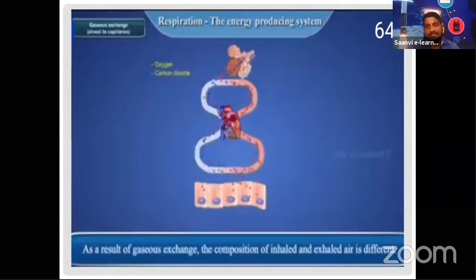Let us go for that. What is the composition of inhaled air and exhaled air? What is the percentage of nitrogen, carbon dioxide and oxygen in inhaled air, and likewise in exhaled air?